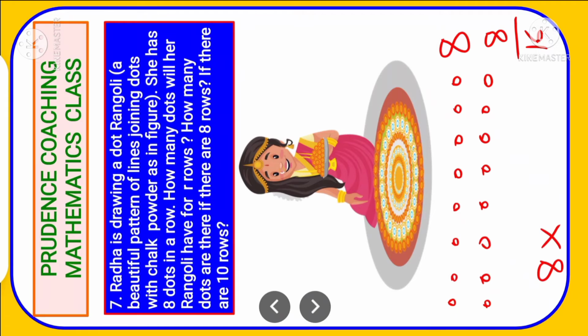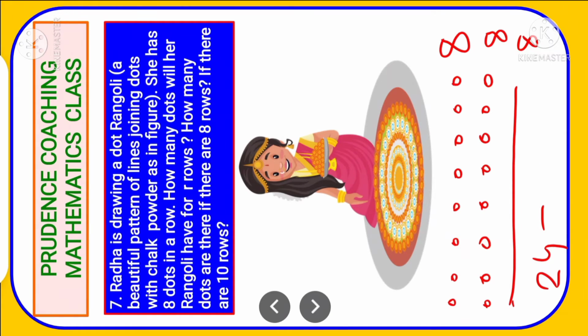That means we are multiplying the number of dots in a single row into the number of rows. Again, if we have 3 rows like this, here also you will get 8 dots. So in total you will get 8 plus 8 plus 8, that is 24. Or you can calculate it like this, 8 dots in a single row into the number of rows, that is 3. So 8 into 3, 24.